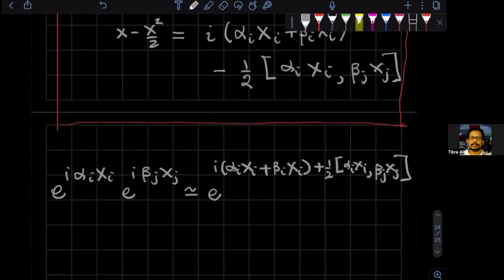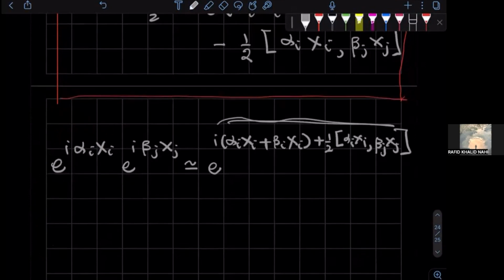But by the group closure property, this should be linear in xi, that is, it should be e to the power i gamma_k times xi_k.